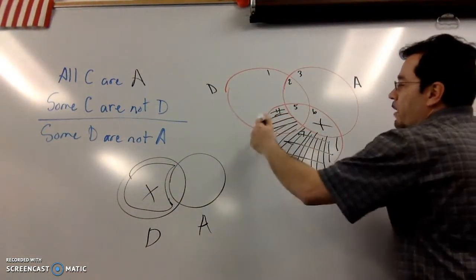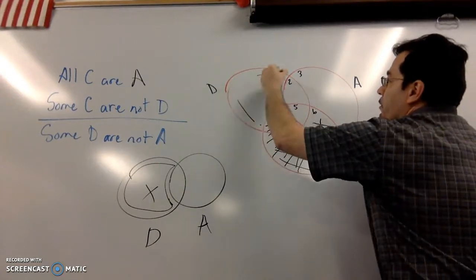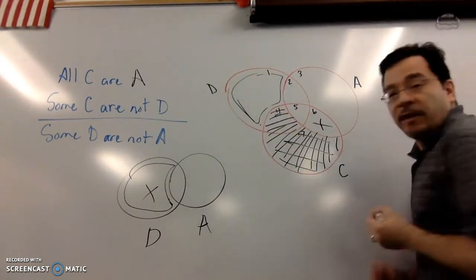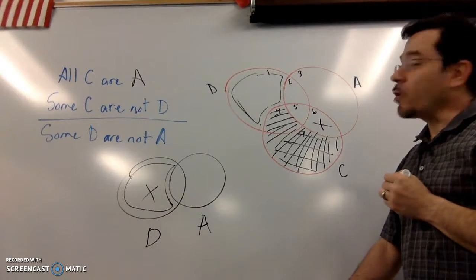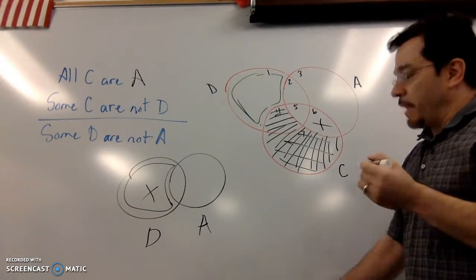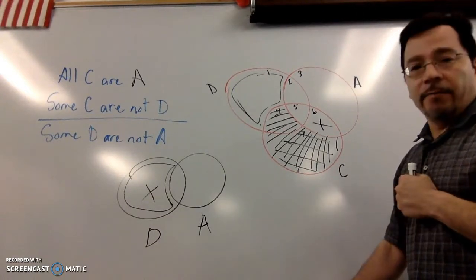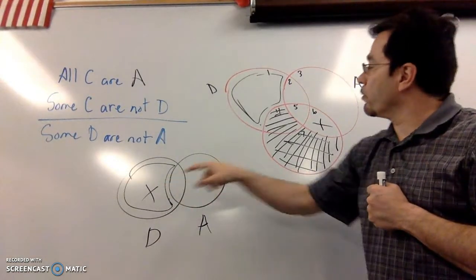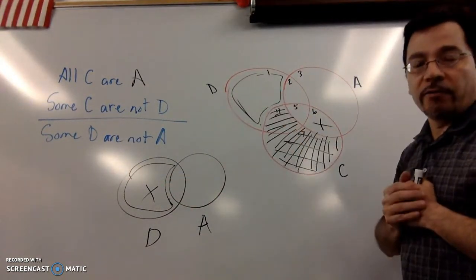So when we go up here and we look at this territory, we don't see an X. Okay, and that's invalid because this is what we're looking for. We're looking for an X somewhere up here, and we don't see it.